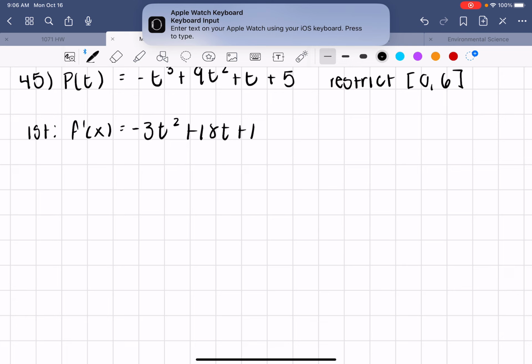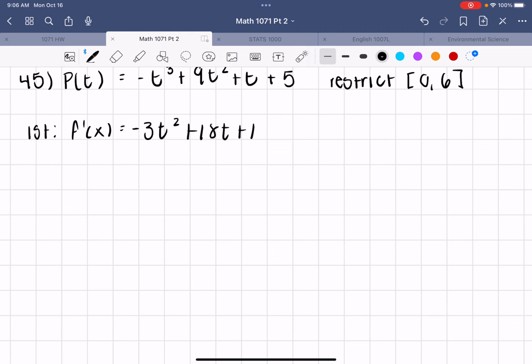Shoot, I hate to have to use the quadratic formula again. So we set this equal to 0.